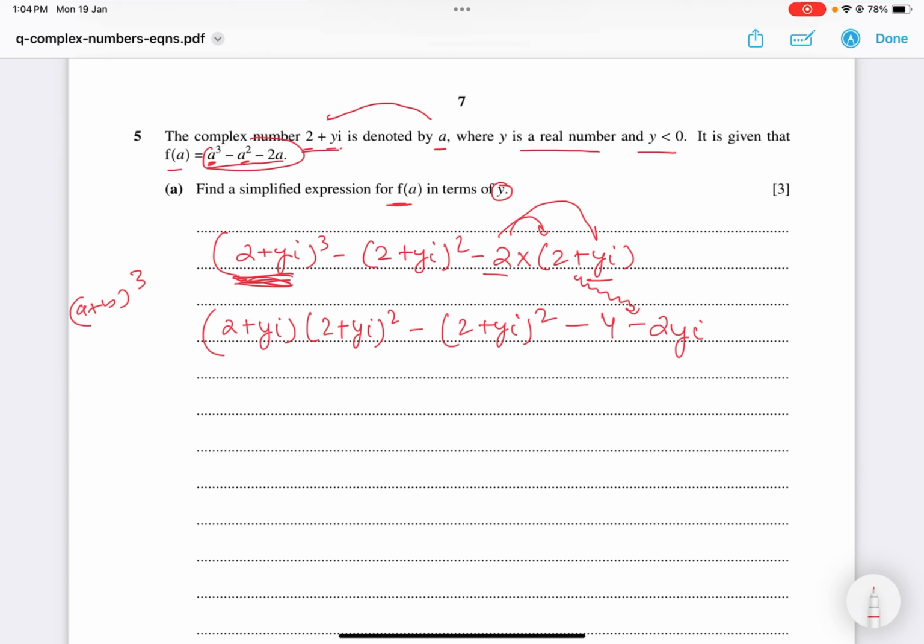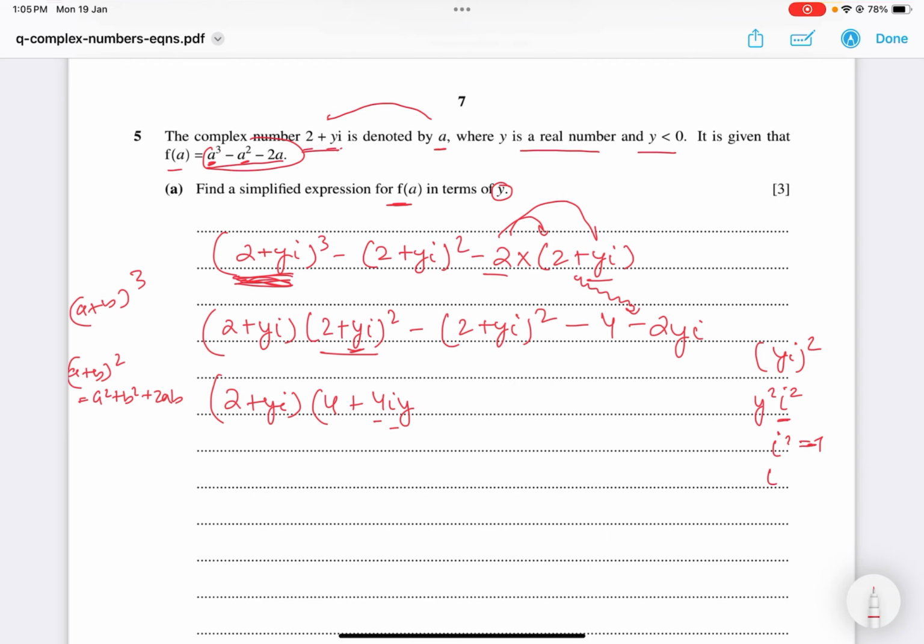Now I will expand the square. (a plus b) whole square equals a square plus b square plus 2ab. Let's apply that to 2 plus yi. If I do b square, that is (yi) square, it would be y square i square. Now the value of i square is negative 1.